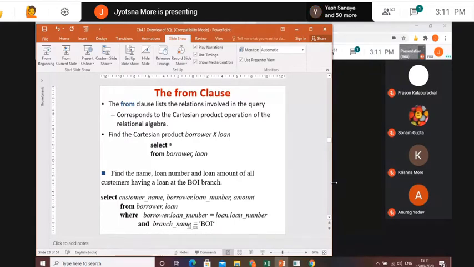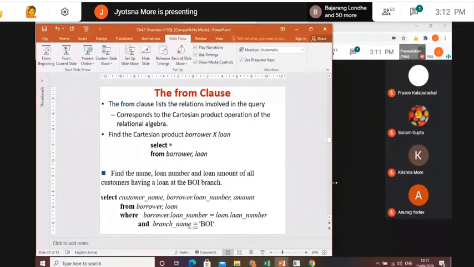Next question. Find the titles of books published in year 2019.